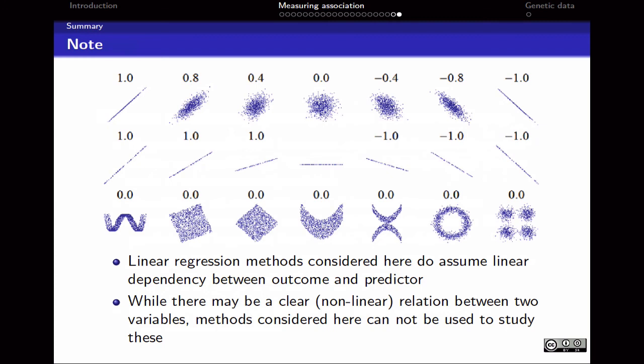Now, something really worth mentioning when you're talking about linear regression: you do assume linear dependency between outcome and predictor. If you look at the lower panel in this graph, you can see that there is a strong relation between x and y. There is a clear shape.